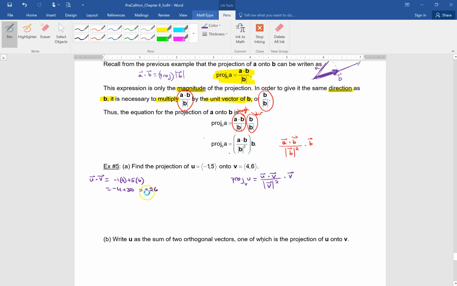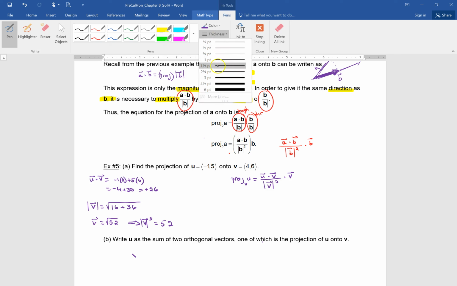Positive 26. And then I need the magnitude of v, which is the square root of 16 plus 36. How much is that? 52, right? But I want that squared, so that's just plain old 52. Now let me plug that in.